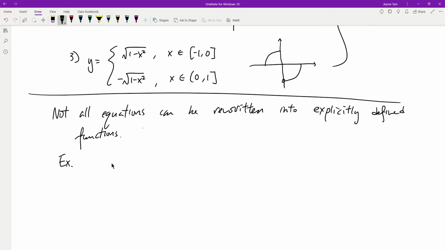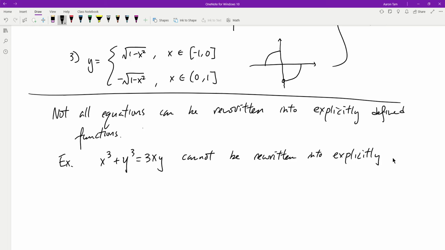For example, this equation cannot be rewritten into explicit form, meaning that it cannot be written into explicitly defined functions between y and x.